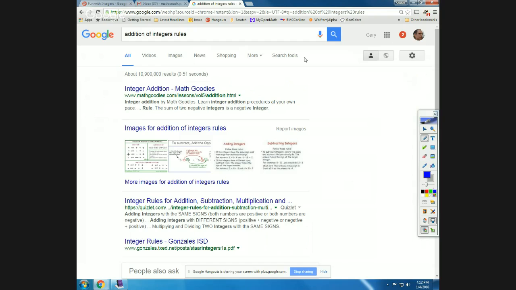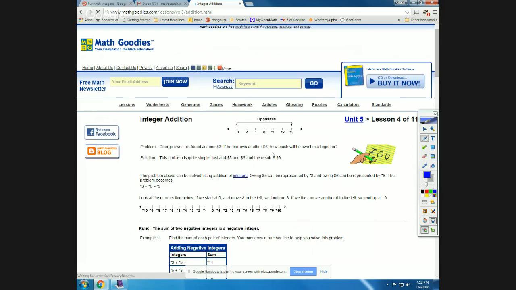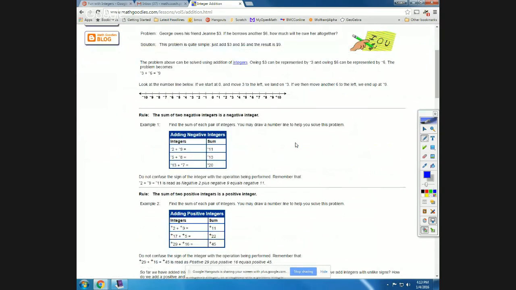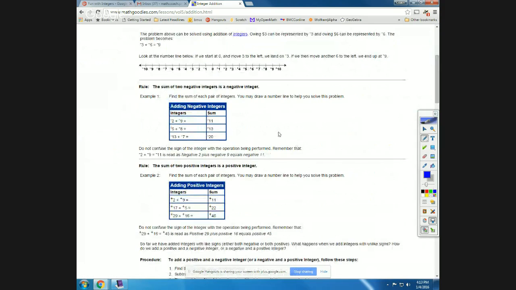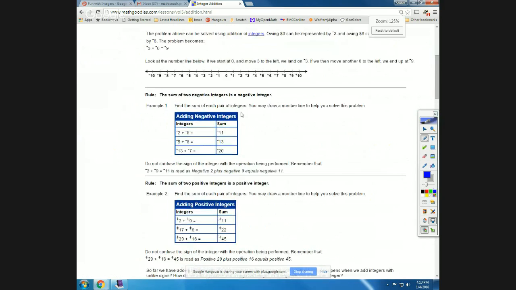Okay, so let's see. Images for rules of addition. Or Math Goodies, that's going to be a fun place to go. Mathgoodies.com. Okay, so they're showing number lines. Positive and negative. Oh, interesting.